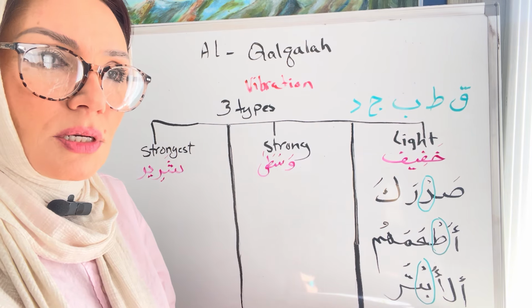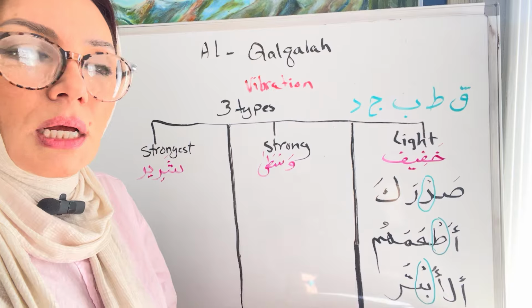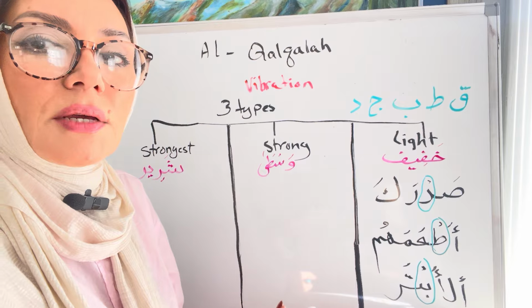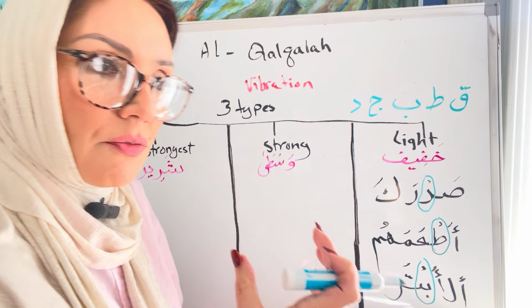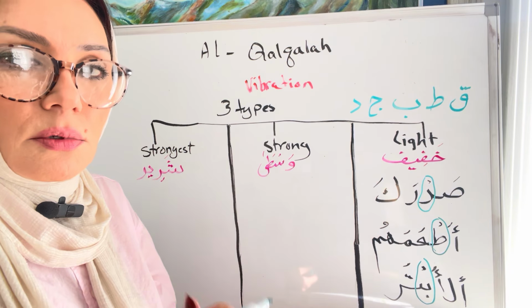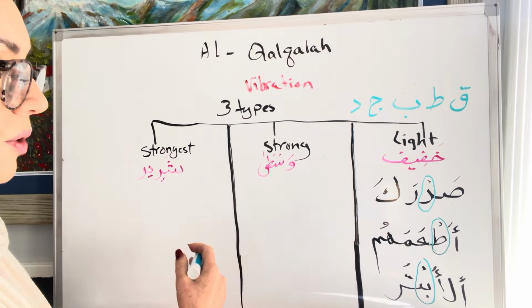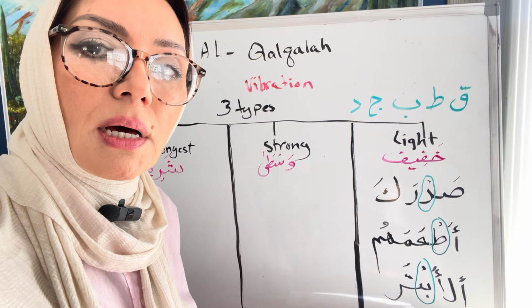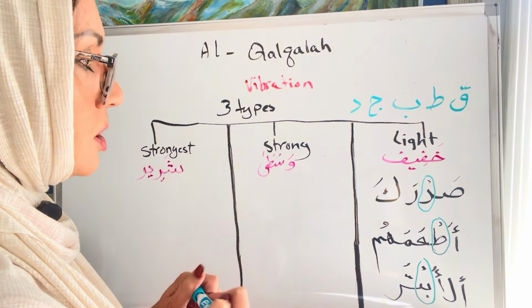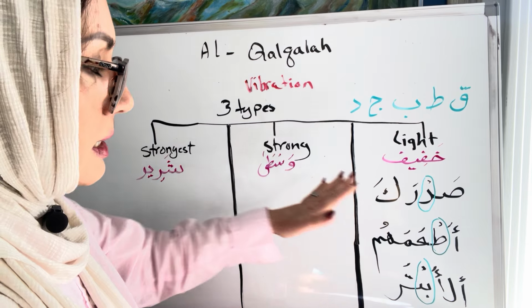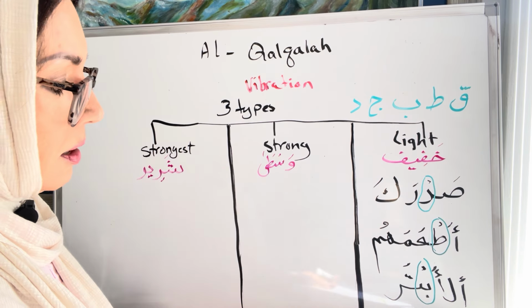We have to do that because if we just say al-abtar, we are not giving the proper qalqala. We must give that little bouncing before we move on. Okay, so these were all the examples for the light qalqala.